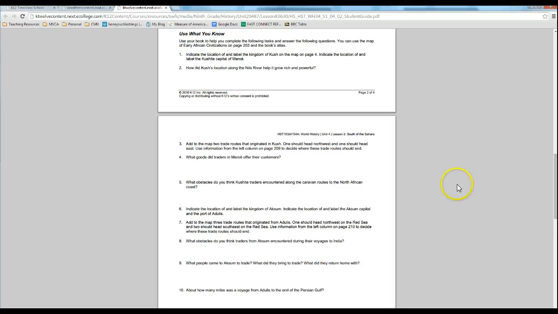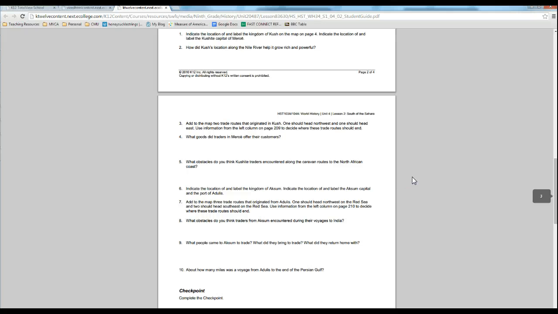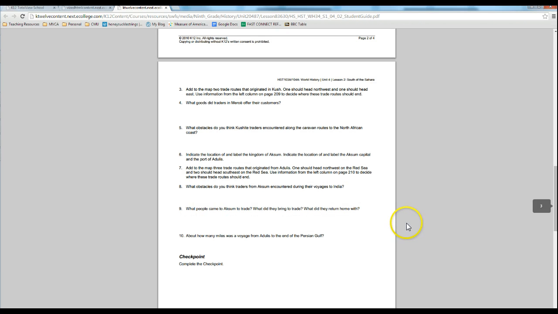What obstacles do you think the Kushite traders encountered when the caravan routes went to the North African coast? So look at the map and think geographically, what might they have encountered? What obstacles do you think traders from Aksum encountered during their voyages to India? Again, look at the map and base it on geographical location.